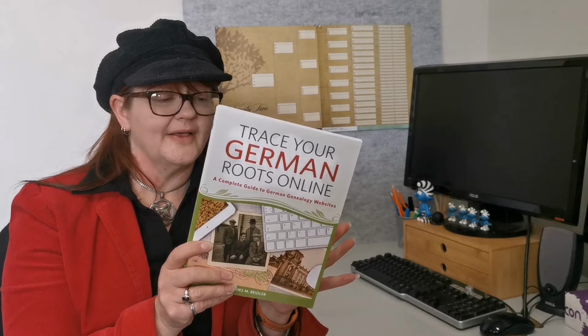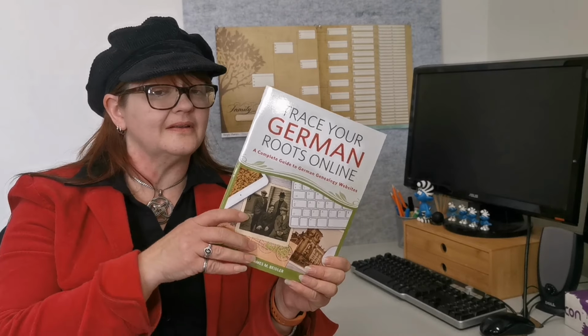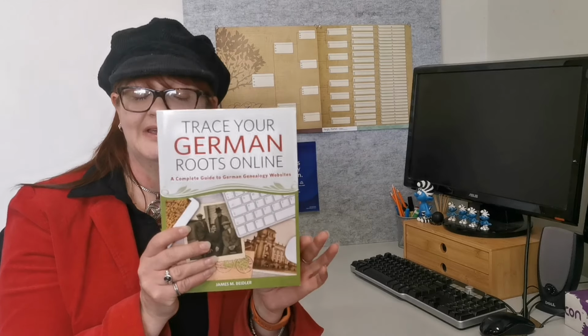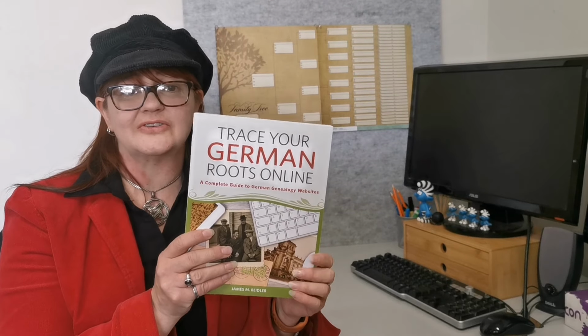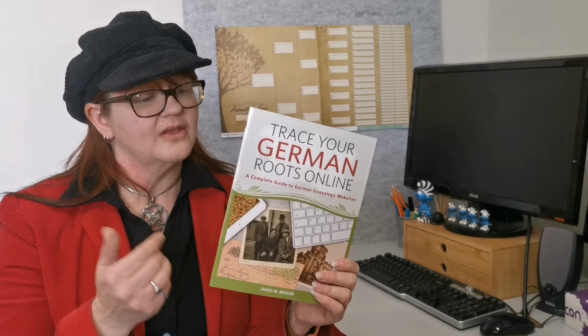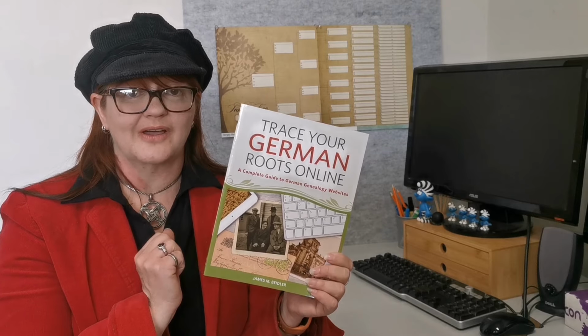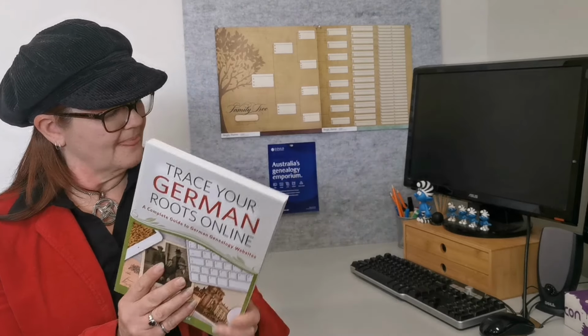He goes into it in detail, because it's like a 200-page book here. So it's not just, hey, check this out. He's got plenty of tips in there for you. So if you do want to do some online searching, this will be a good guide for you as well.